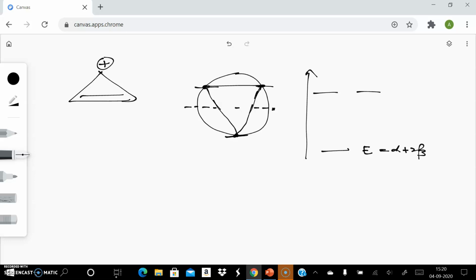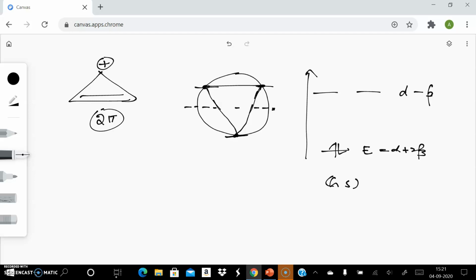If any orbital is present at the barycenter, then the energy of that molecular orbital is alpha. Above that, these 2 molecular orbitals have energy alpha minus beta. This is a very well known system, that's why I am writing the energies directly. Now the system given is the cyclopropenium cation, which has only 2 pi electrons. In the ground state, both pi electrons will occupy the lowest energy molecular orbital having energy alpha plus 2 beta.